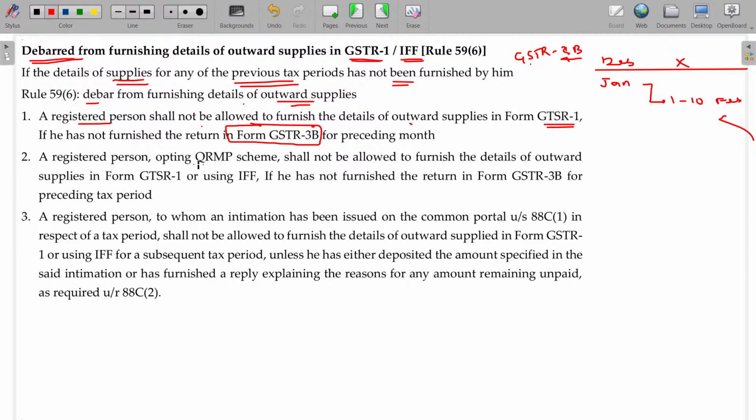A registered person opting for the QRMP scheme shall not be allowed to furnish the details of outward supplies in form GSTR 1 or using IFF if he has not furnished the return in form GSTR 3B for the preceding tax period. For him, it's quarterly once. Quarterly once he has to file the GSTR 1. If he fails to do so, he is not eligible. Right, that's all. The rest of the things are similar.